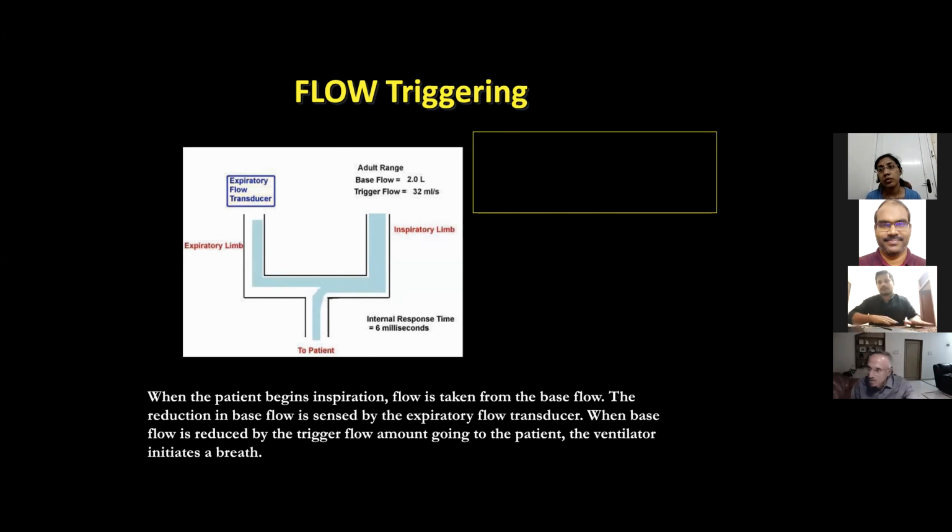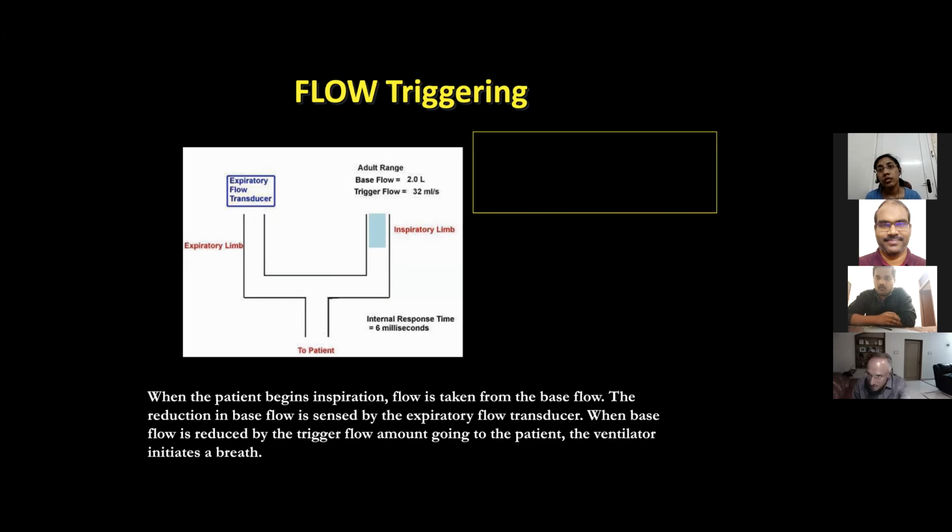The whole process occurs in 6 milliseconds, so about 4 or 5 ml goes in. In the bias flow, only 4 or 5 or 10 ml, or 20 ml goes into the lung. And the ventilator realizes that when it has given 2 liters, 20 ml is missing, so it will give a breath. Understood?